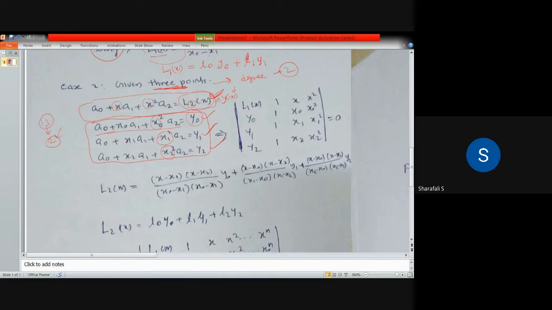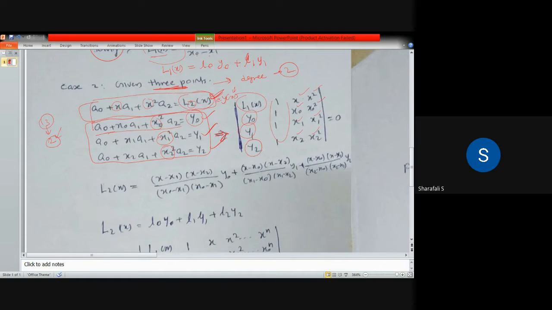From that, you can also reduce these equations into this matrix form: L2 of x, y0, y1, y2, and then 1, x, x square, 1, x0, x0 square, 1, x1, x1 square, 1, x2, x2 square. This is the same, we are just constructing that coefficient matrix.